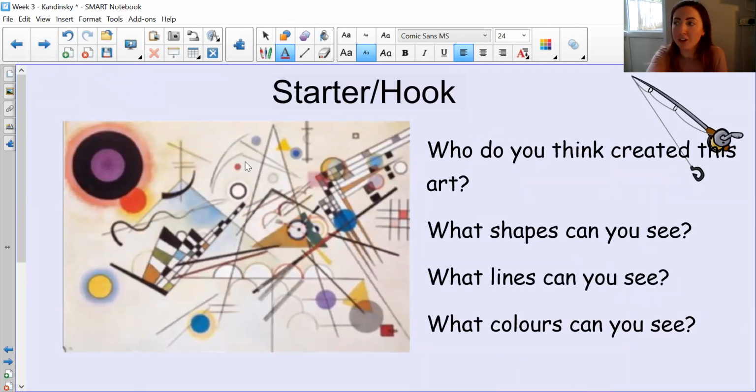Okay, so I want you to have a look at this piece of art, and I want you to think about who you think created this art. Okay, well done if you said Kandinsky. It's very typical of Kandinsky's work because there's lots of different shapes and lines and colours, and it is in the style of what kind of painting? Abstract, exactly.